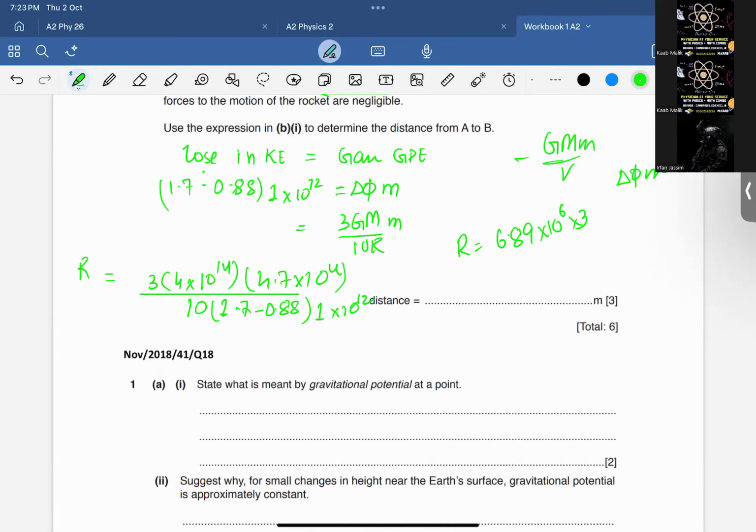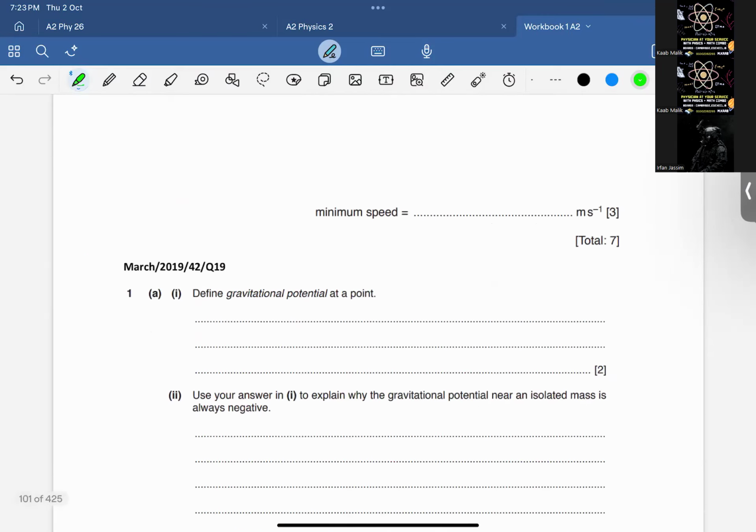How much? 2.07 into 10 to the power 7, which means 2.1 exponent 7, right? Yeah. Okay, fine, that's it.